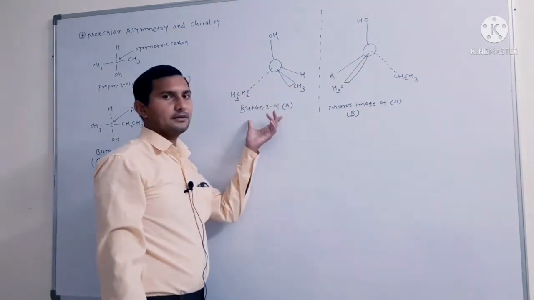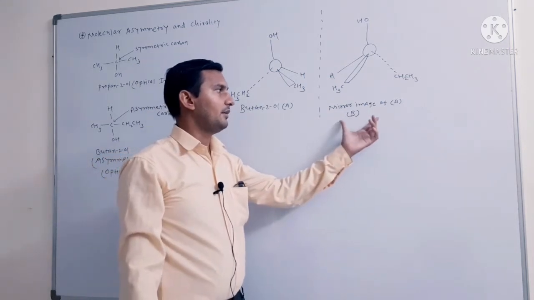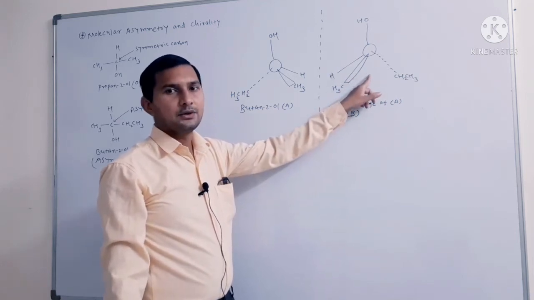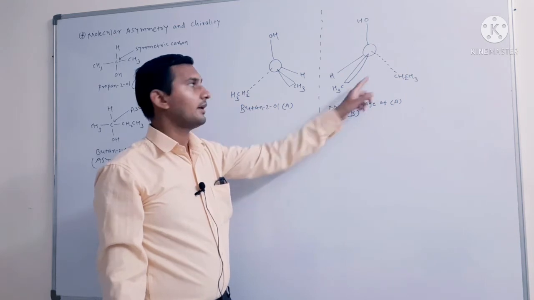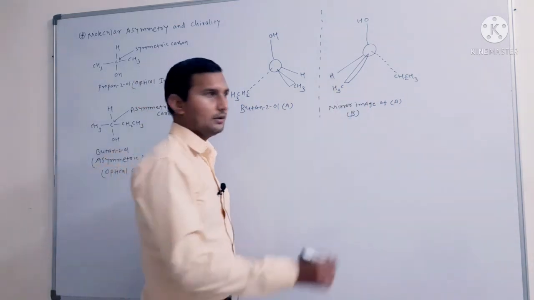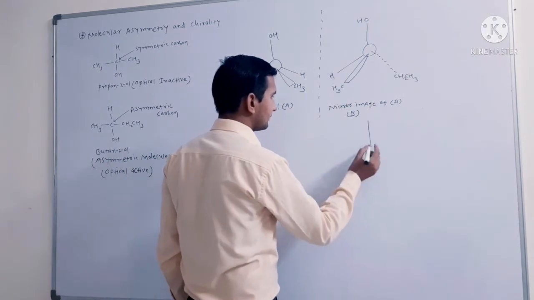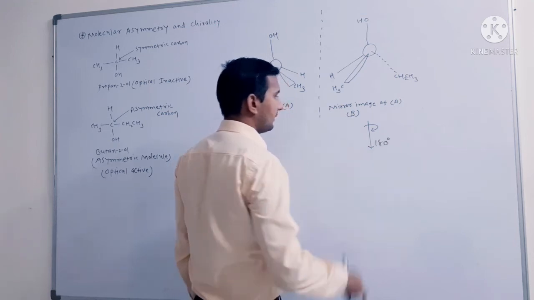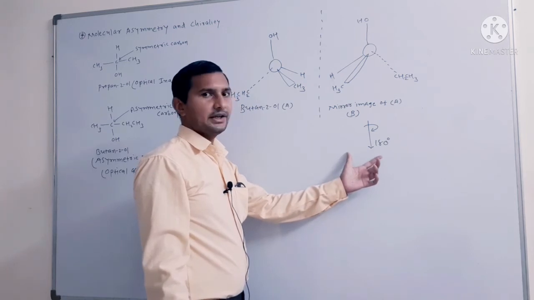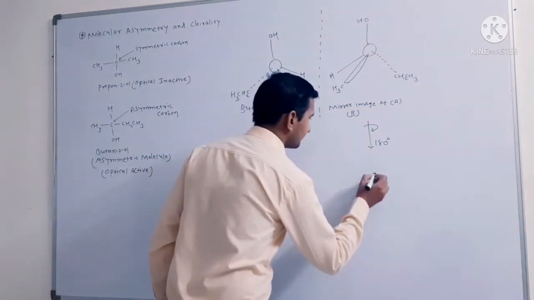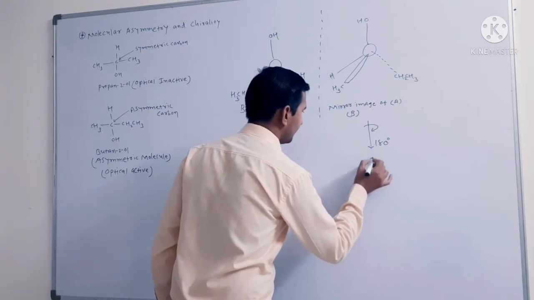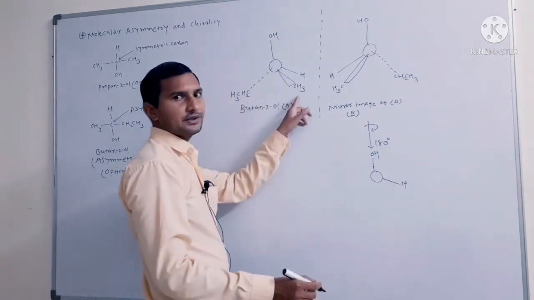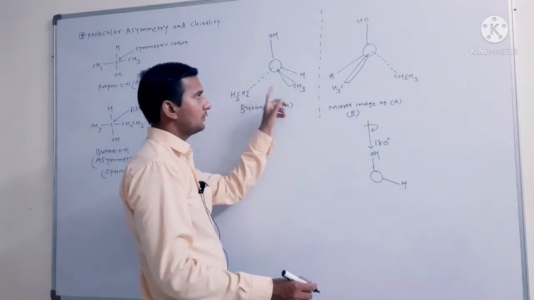So if we take the mirror image of butan-2-ol, we get this type of mirror image of A. If we rotate this molecule by 180 degrees, then we get a structure which is different from structure A. This is the central carbon, this is the hydroxyl group, this is the hydrogen, and this methyl group has shifted towards this side and this ethyl group has shifted towards this side.